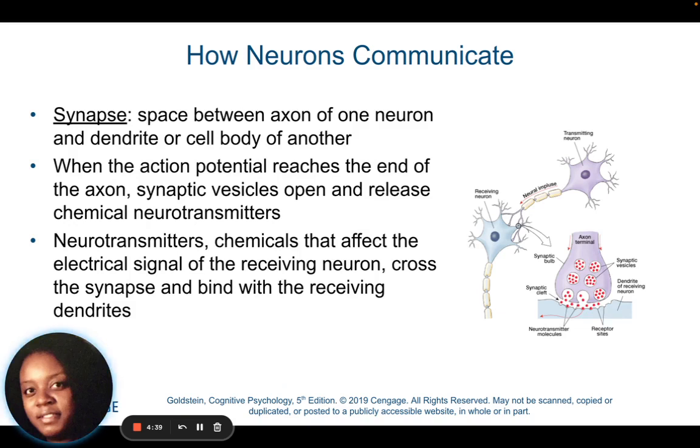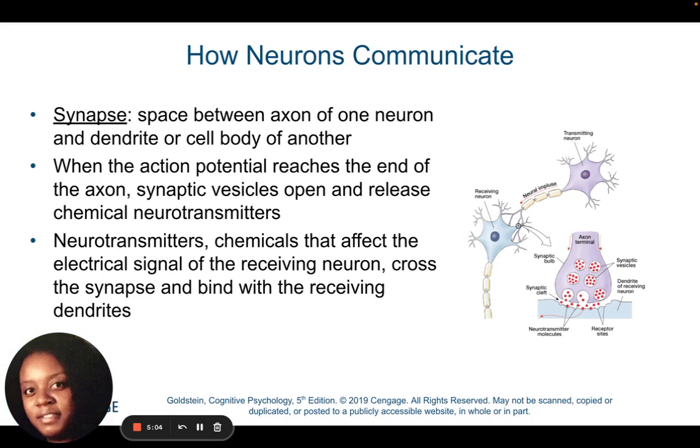When neurons are communicating and the message is being transmitted, it can occur at something called the synapse. If you take a look at the picture, you can see that the synapse is the gap or space between an axon of one neuron and a dendrite or cell body of another. So it's the space where the information is sent on.